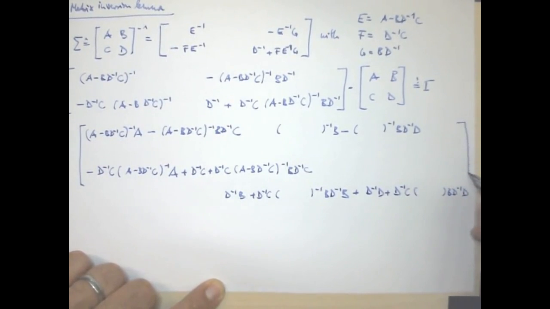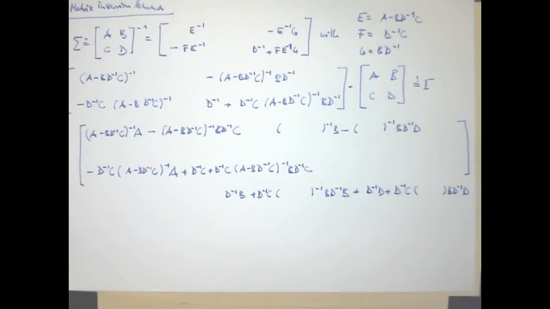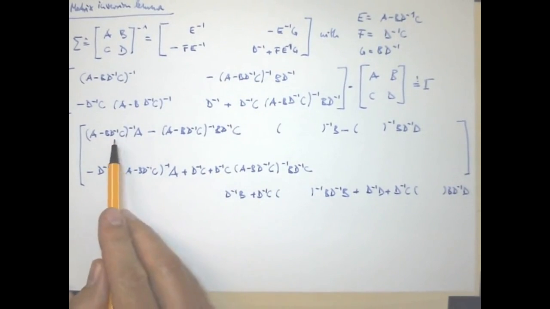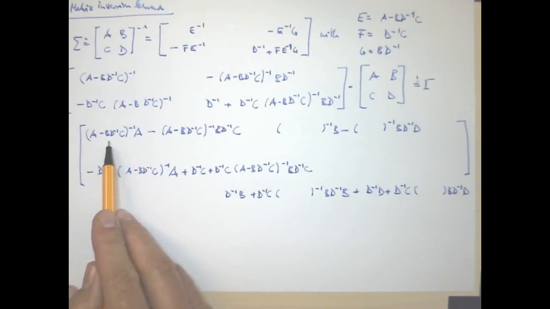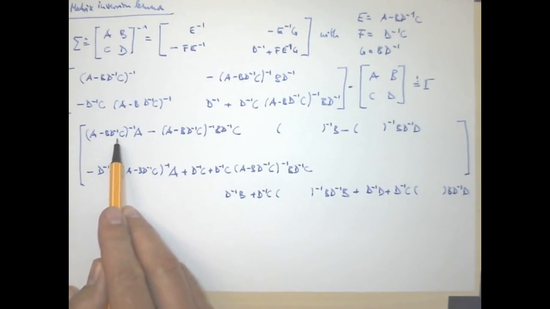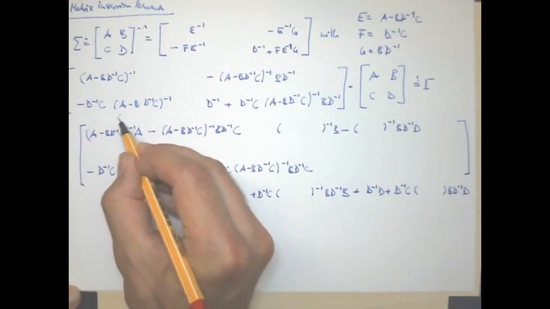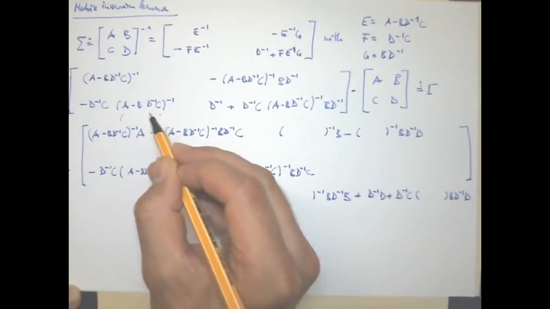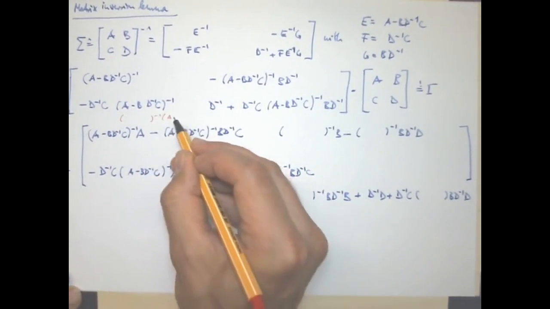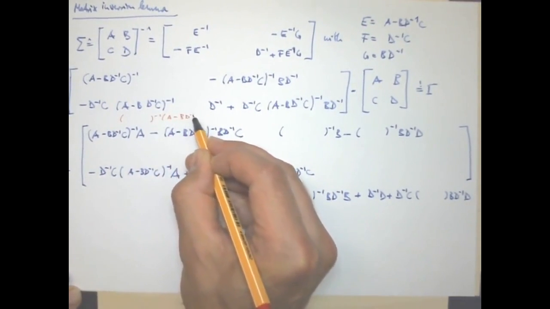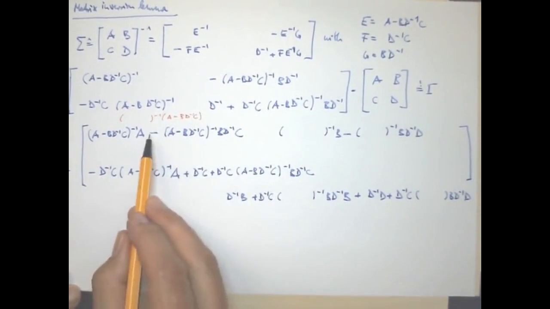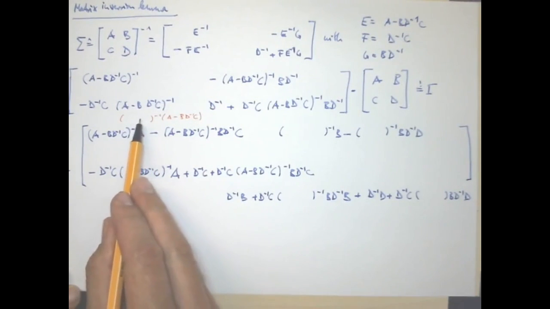Okay. So let's see what we can do about this. Here, in the first term, I can multiply out what I have on the left-hand side. So if I multiply it out, it's this expression to the minus 1 times A minus B D minus 1 C. And that's exactly what I had in here.